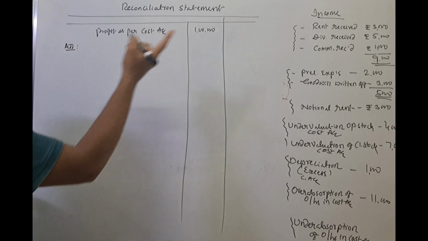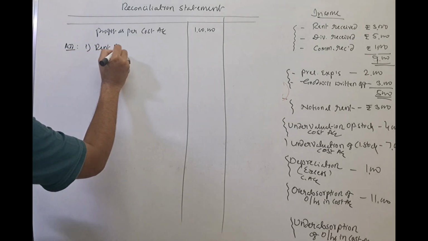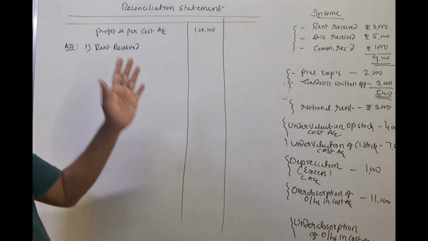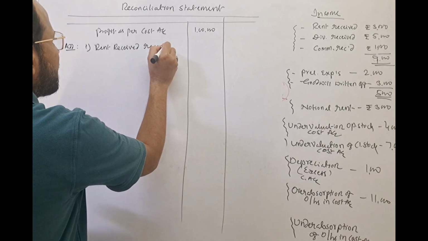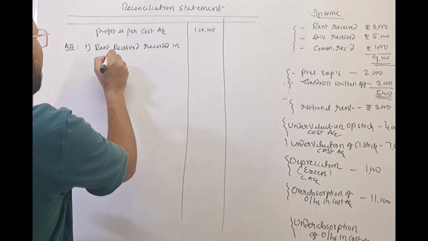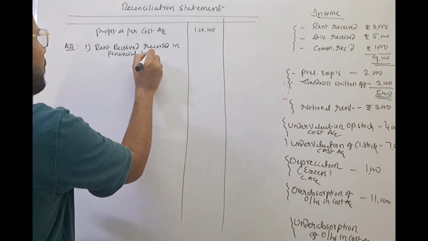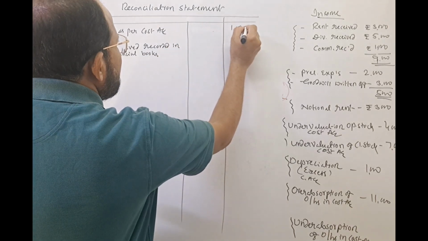We add, see here, number one, rent received. It is a financial item which is recorded only in financial books. See, this rupees 1 lakh, better you show in the outer column.